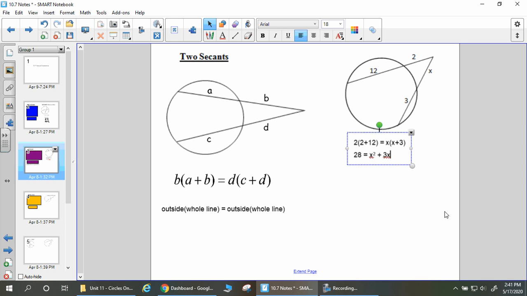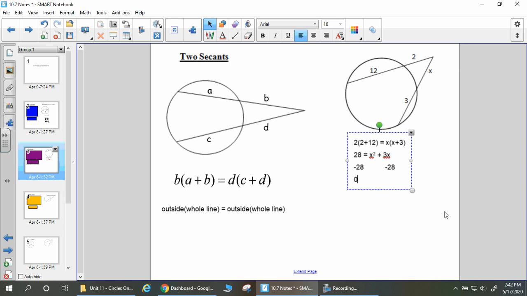At this point, we have our x squared, and what we should remember is that if we have an x squared, that means I'm probably going to need to factor because I also have this 3x, and in order to do that, I need to set it equal to 0. And in order to do that, I need to keep that x squared positive. So we're going to subtract 28 from both sides.